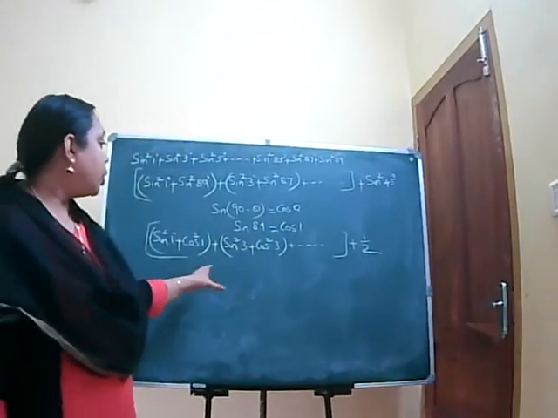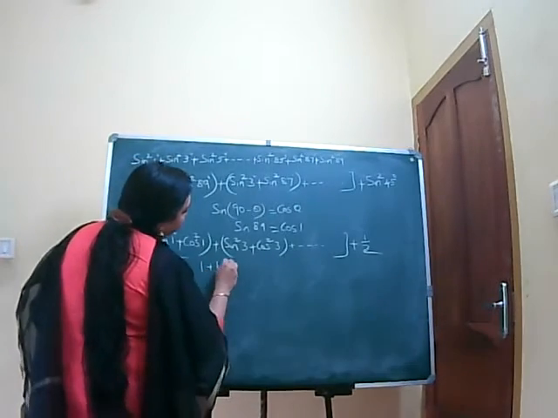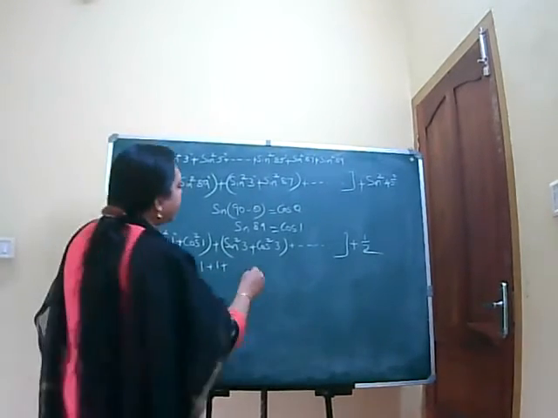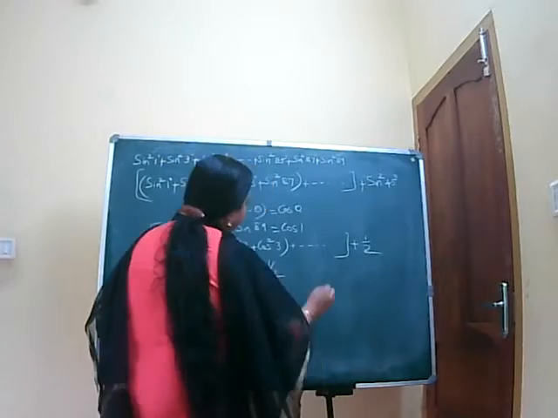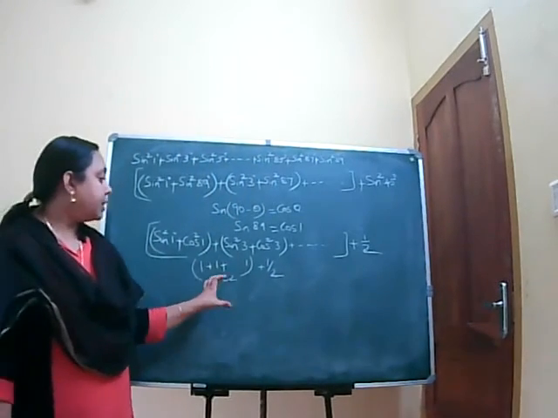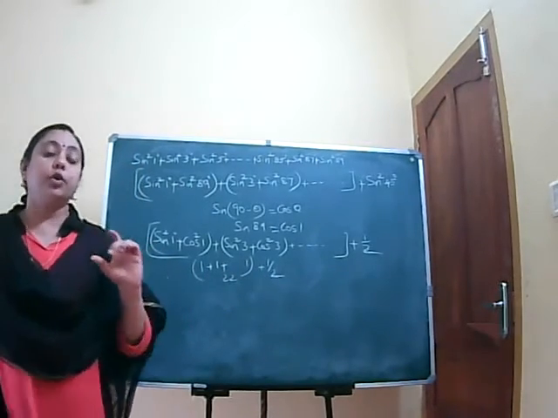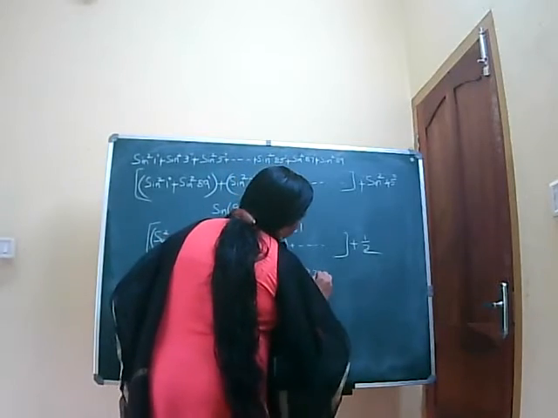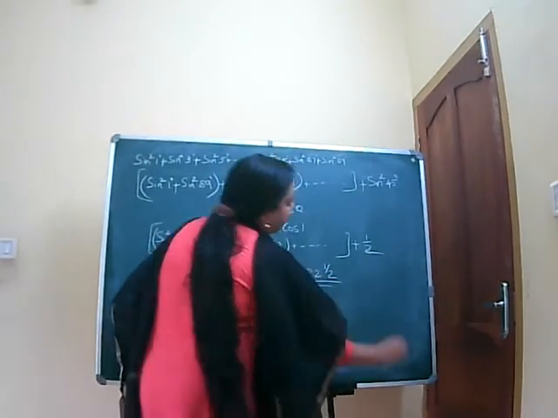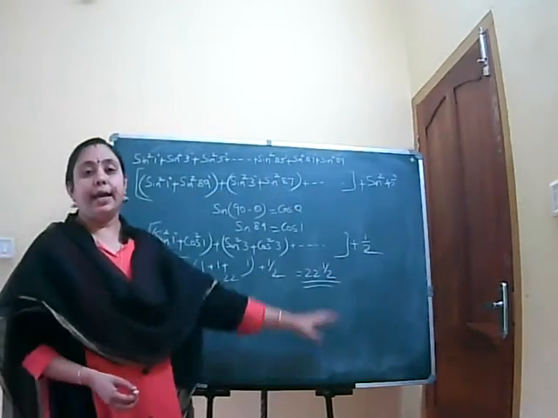That is 1 plus etc., 22 ones. That is, we get 22 ones plus half, that is 22 plus half, that is 22 and half. That is the value of our required expression.